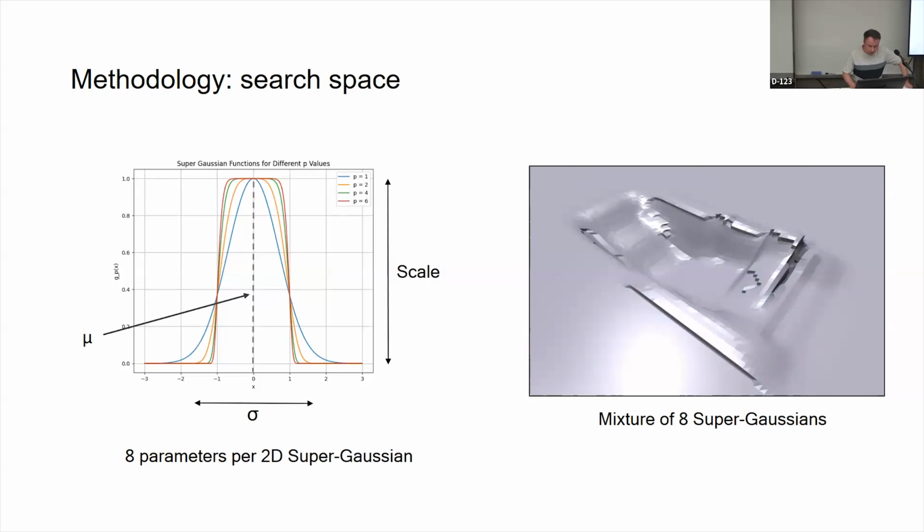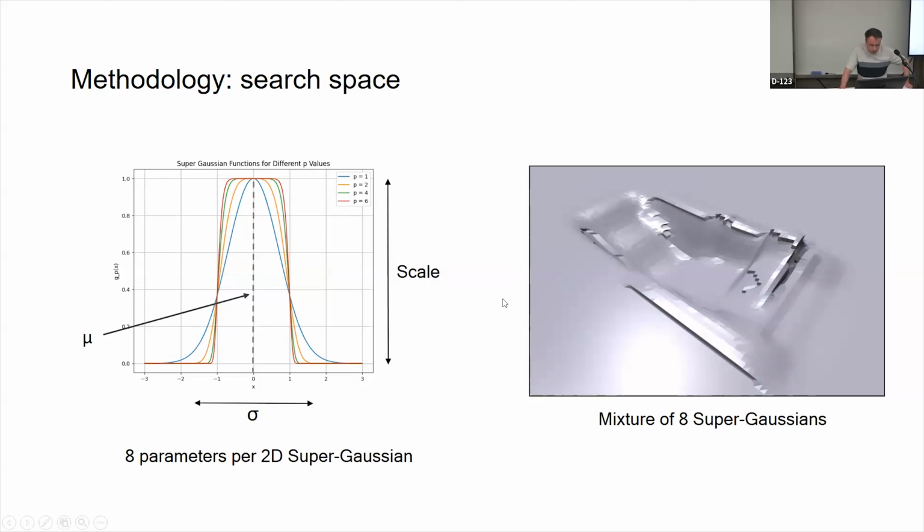Here I define the terrains using a mixture of super Gaussians. A super Gaussian is basically just a Gaussian with an additional parameter p that allows a flat top or sharper slopes. Each two-dimensional super Gaussian is defined by 8 parameters, and the terrain is made of 8 super Gaussians.